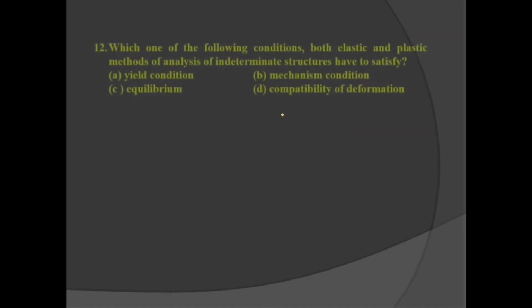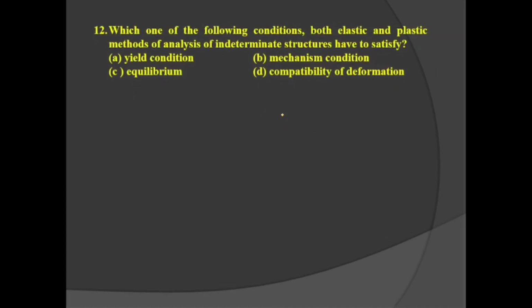Now the 12th question: which one of the following conditions do both elastic and plastic methods of analysis of indeterminate structures have to satisfy? Yield condition must be satisfied, mechanism must be satisfied, equilibrium must be satisfied, but the compatibility condition need not be.